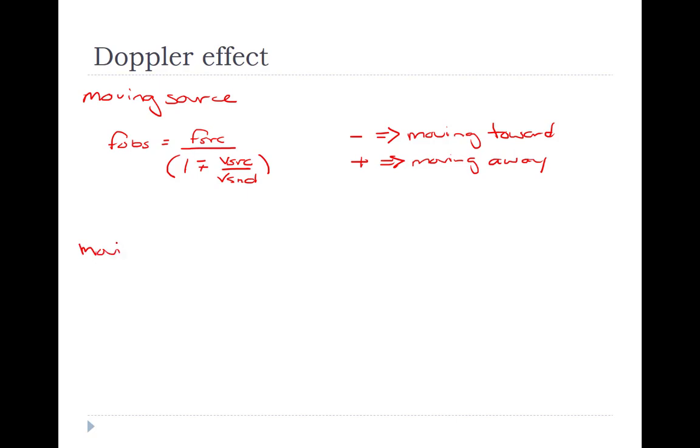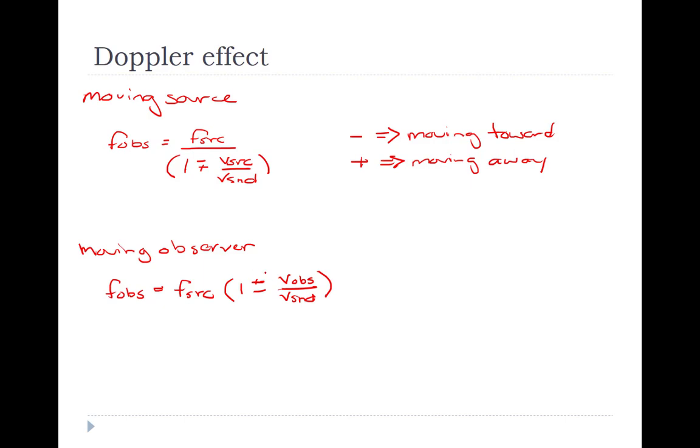And now for the moving observer. If you have a moving observer, you get a slightly different formula. In this case, the frequency of the observer is the frequency of the source multiplied by 1 plus or minus the speed of the observer divided by the speed of sound.